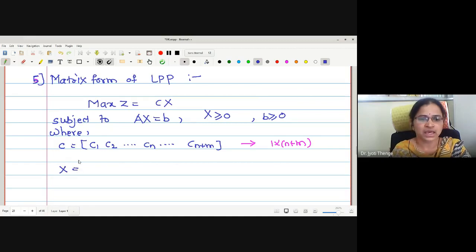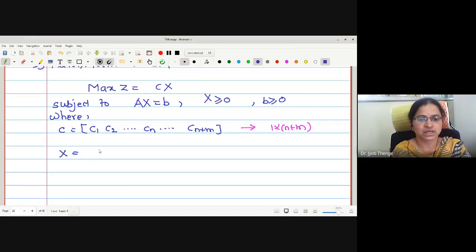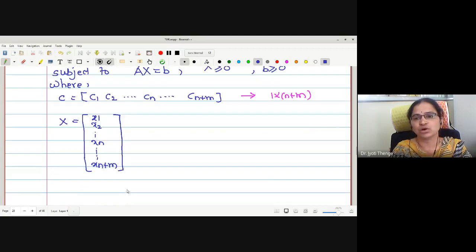What is X? X is the matrix of variables, and this is a column matrix. How many variables do we have? X1, X2 to Xn original, and then the added variables up to Xn plus m. This is the column matrix. What is the order of this matrix? n plus m cross 1.